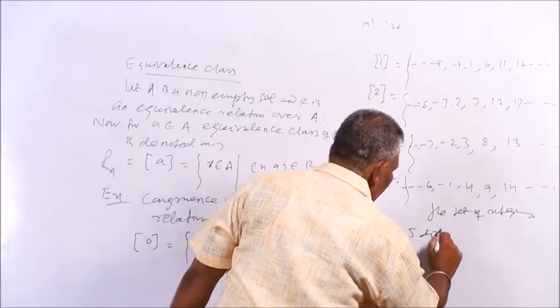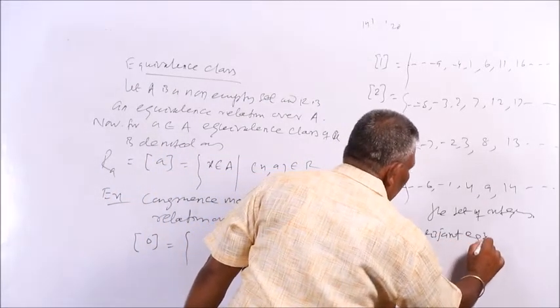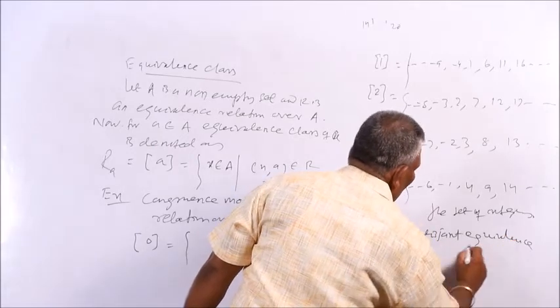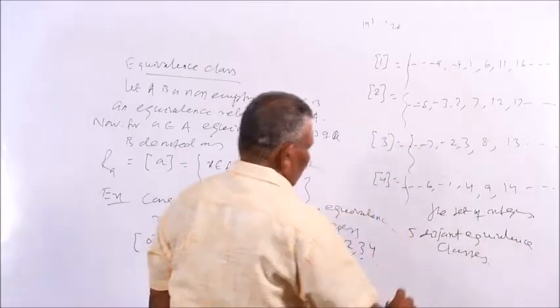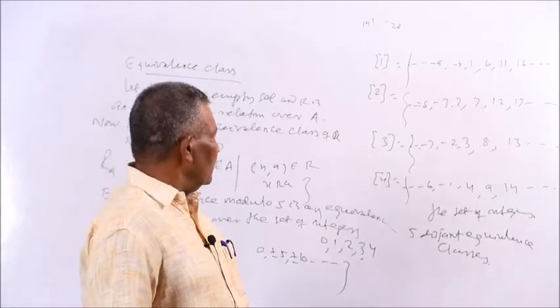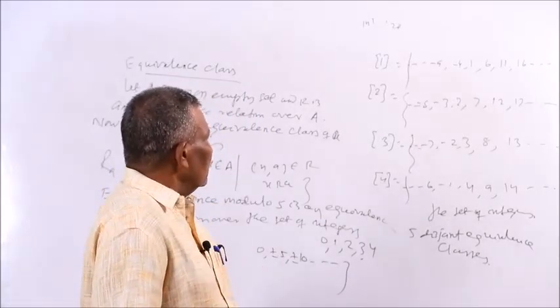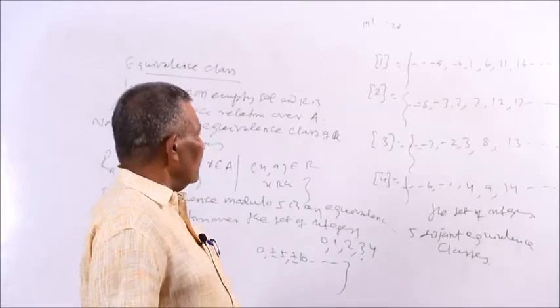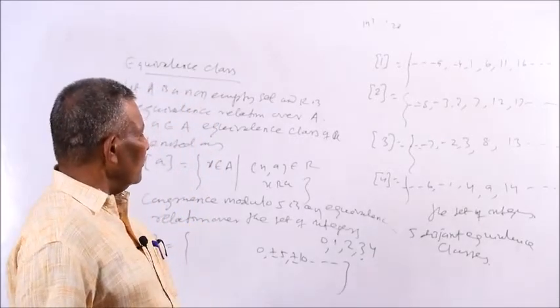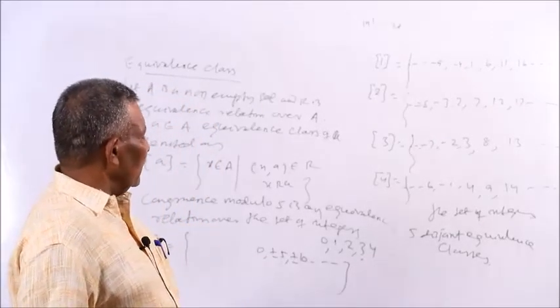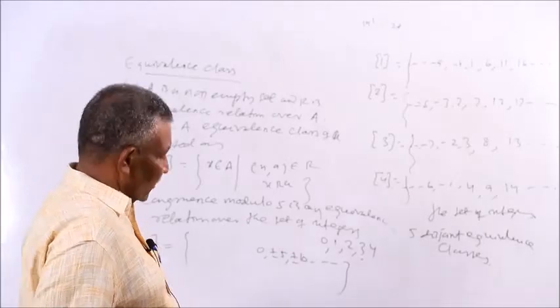You are all acquainted with the meaning of disjoint, because there is no common element between all these equivalence classes, therefore they are called disjoint, and the union of these equivalence classes together will give the set of integers.